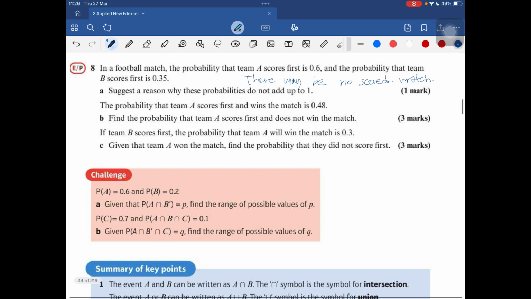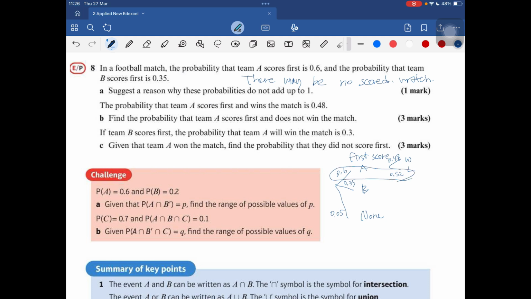Okay, so here the first goal: A, B, none. So A is 0.6, B 0.35, none 0.05. And win, lose. So here, A wins 0.48, loses 0.52. Find the probability A scores first and does not win the match.